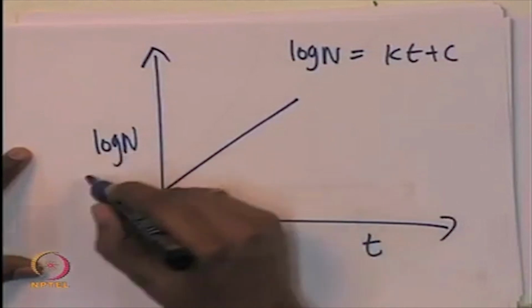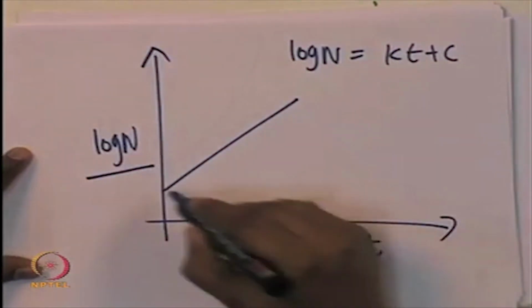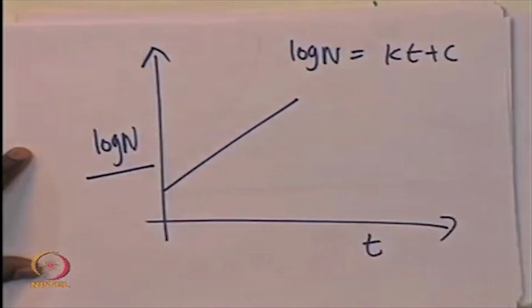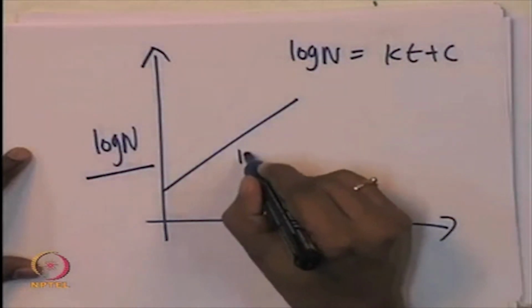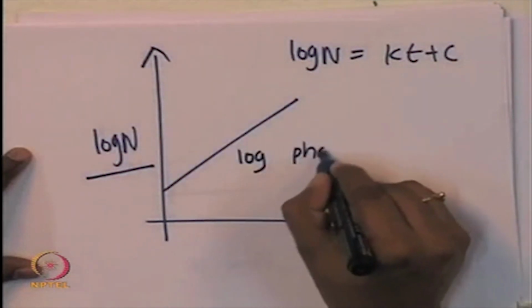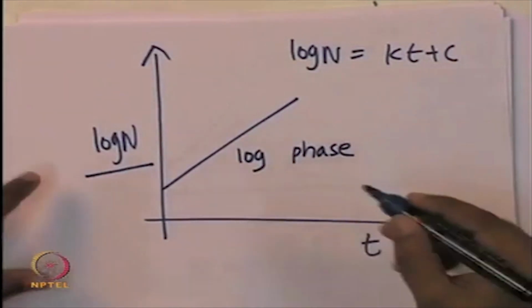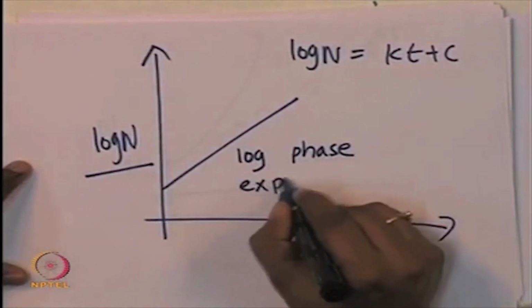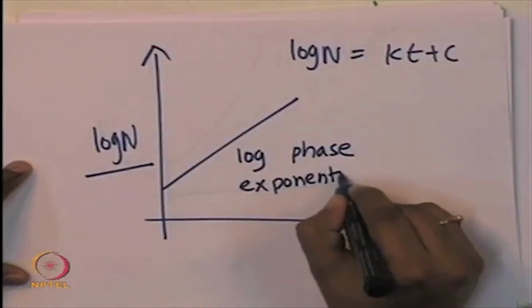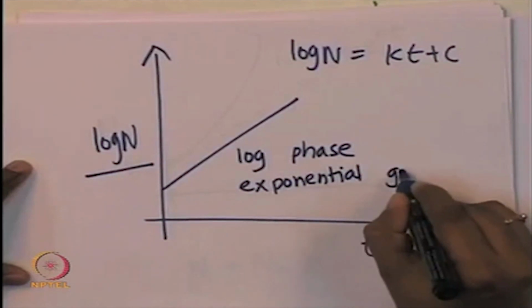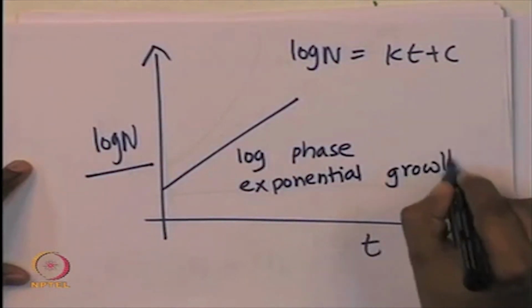So, if we plot log n in the y axis and t, this part will look like a straight line. So, this is what we can call the log phase of bacterial growth, or log phase or exponential phase. So, this is exponential growth.